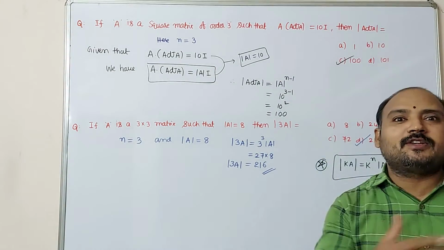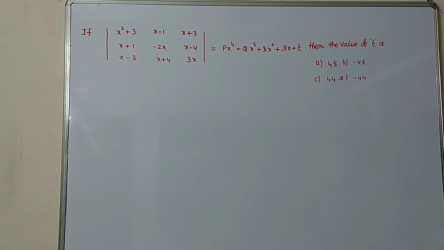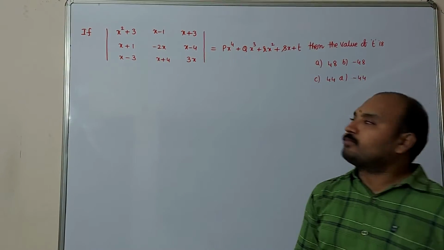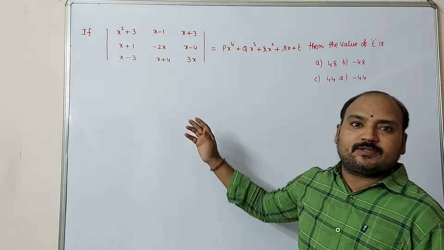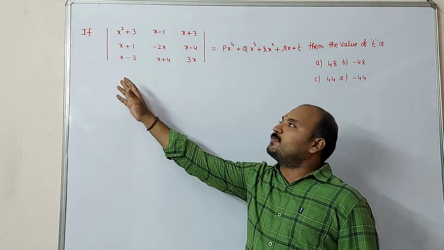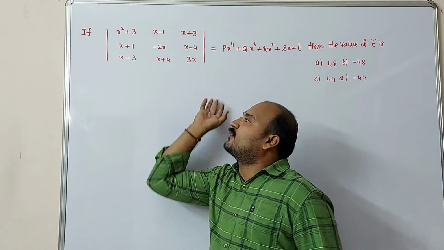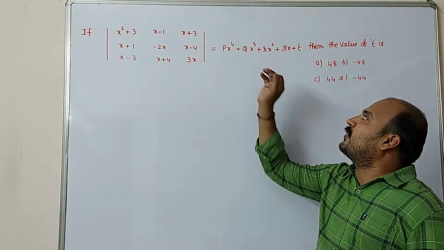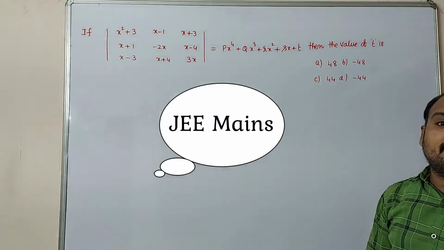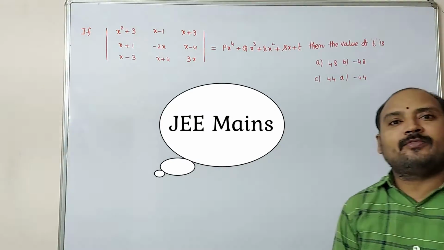We'll move on to the next question, dear students. The next question: if the determinant of x square plus 3, x minus 1, x plus 3, x plus 1, minus 2x, x minus 4, x minus 3, x plus 4, 3x equals px power 4 plus qx power 3 plus rx square plus sx plus t, then the value of t equals to.